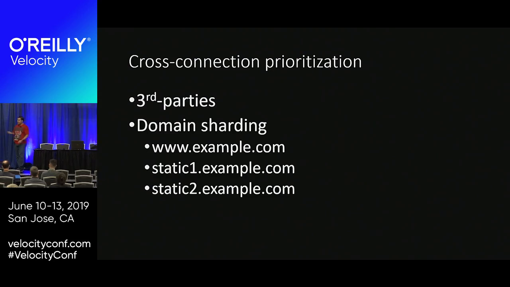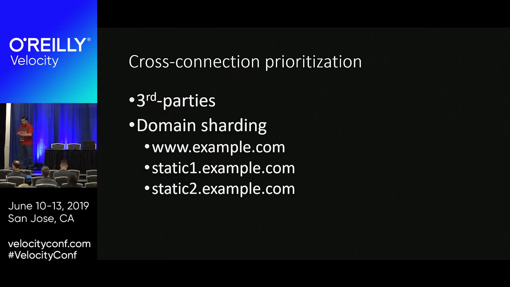And we'll sort of get into why that's kind of a pain. You may do it to yourself as well, sort of in the old school of HTTP 1.1. It used to make a lot of sense to have static domains, sharded domains, so you can serve your images from static.mycompany.com or whatever, or you'll serve images from 3 different domains so you can get more than 6 connections open at the same time.